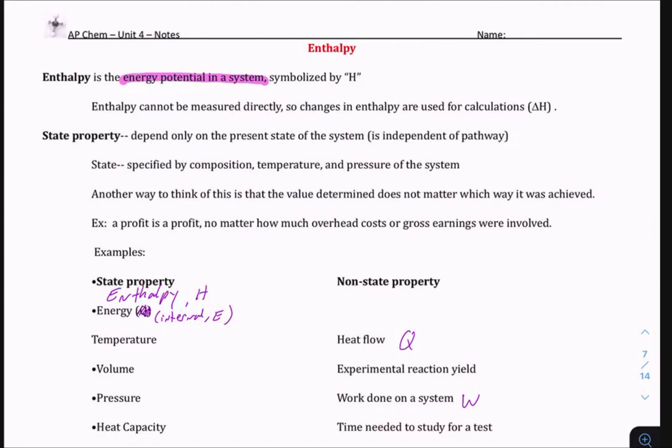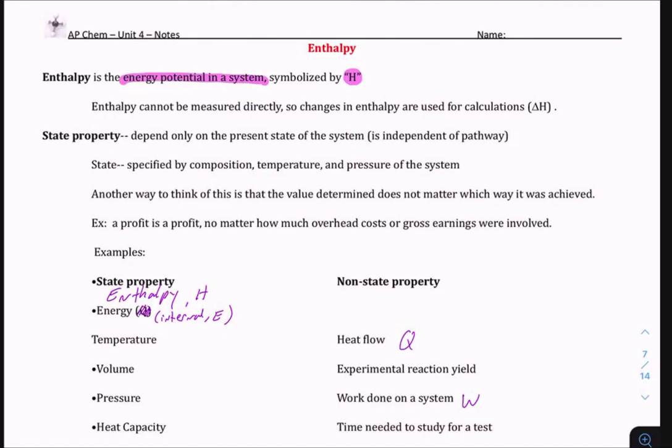The symbol we use for enthalpy is H. So that delta H that you saw earlier that I referred to as heat of fusion, technically it's called enthalpy of fusion and enthalpy of vaporization. All right, so the H means enthalpy. I called it heat because you didn't know what that meant back then, but now you do.